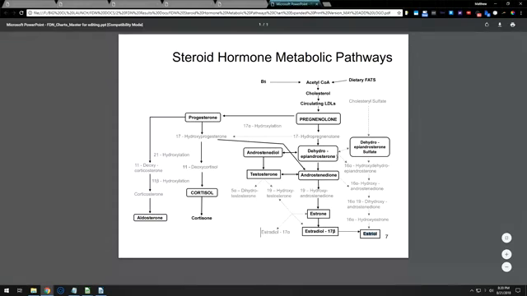Cortisol is over on this branch right here. So if cortisol is really low and DHEA is really low, then we can tell that there's not a lot of conversion from DHEA over to testosterone or to the estrogens.